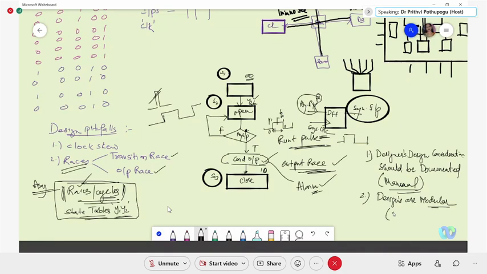Modular means not totally less complex, but the complexity should be a little bit manageable, we say. Designs should be modular. It should not be very big or very small. It should be moderate enough so that you can handle it and the maintenance engineer will be in a position to handle it properly. Okay.